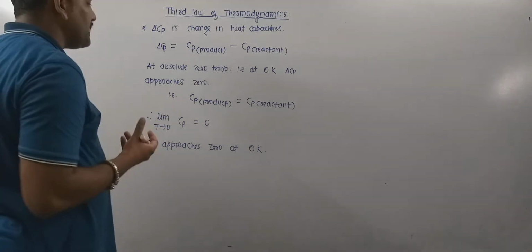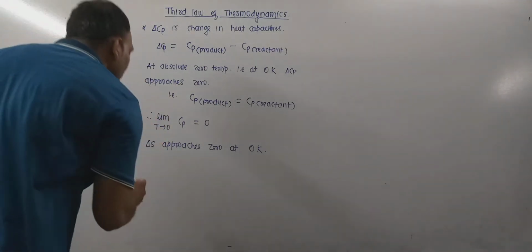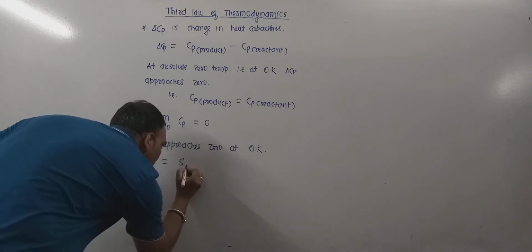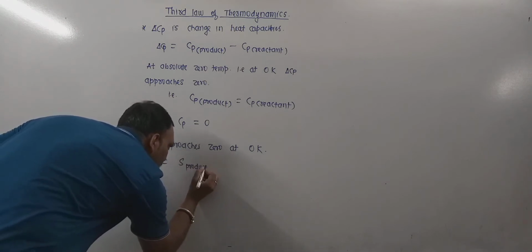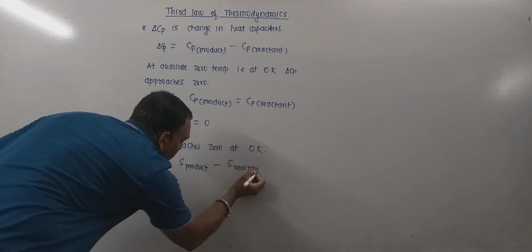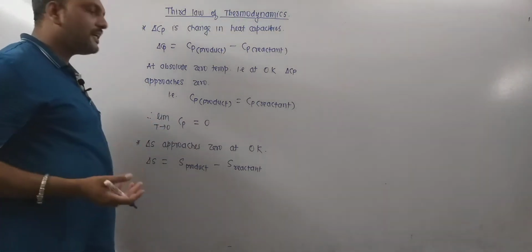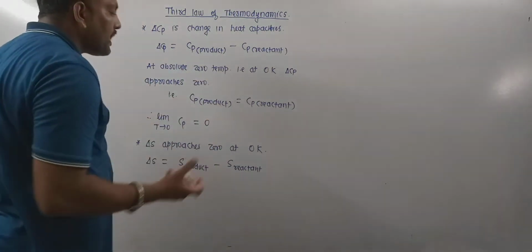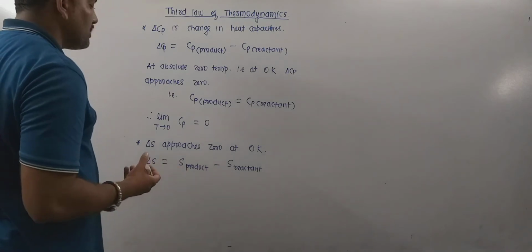So let's see what it means exactly. Remember, delta S is nothing but the entropy of product minus entropy of what? Reactant.